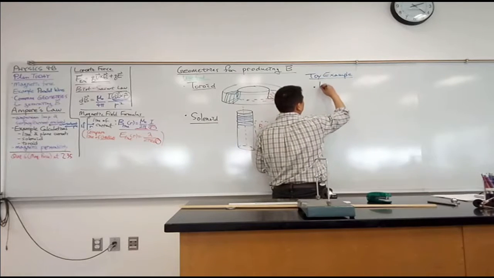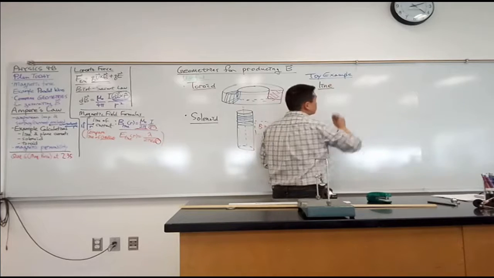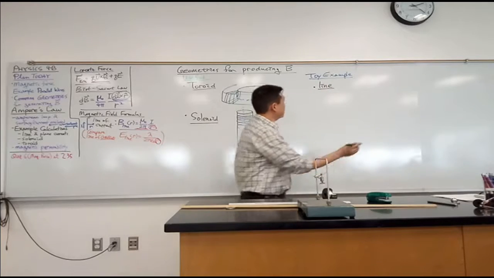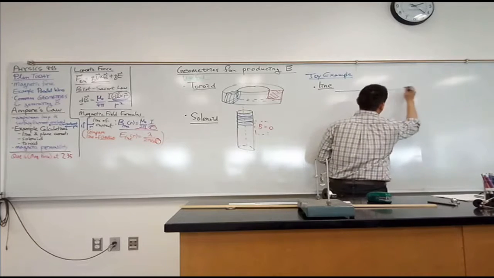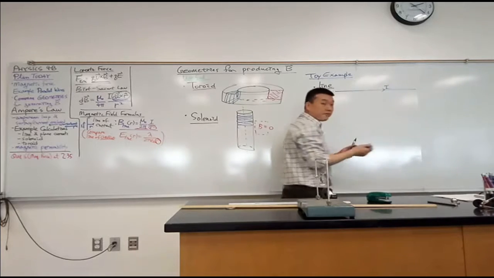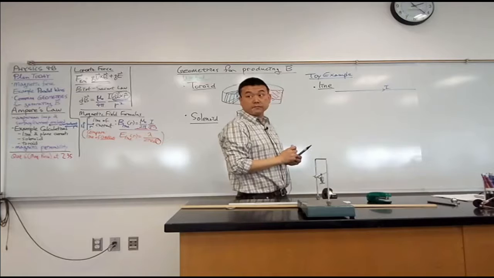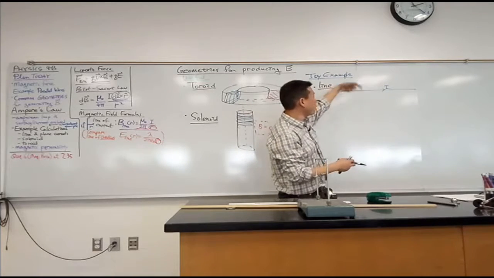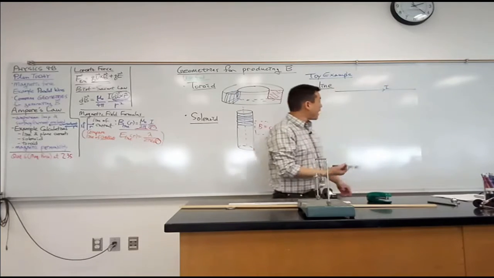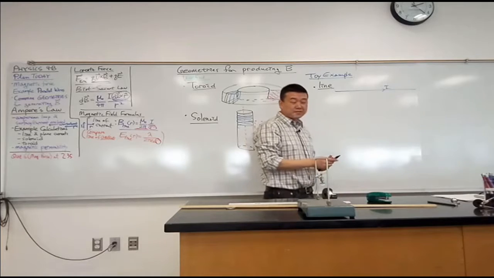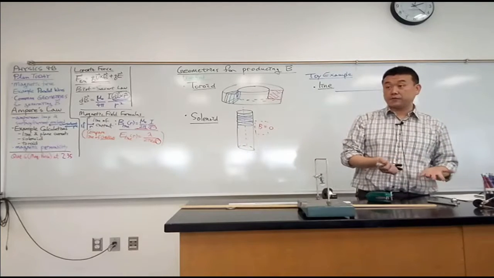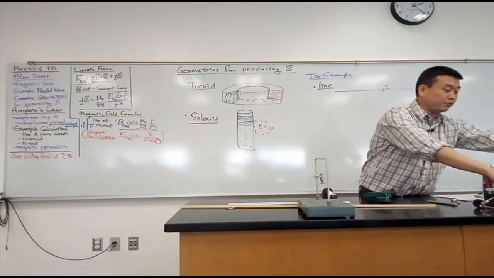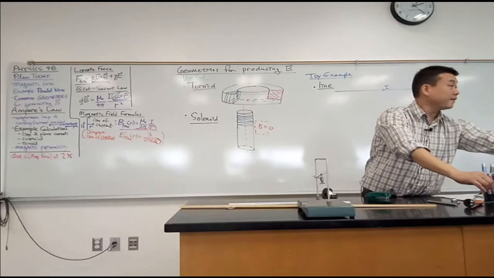So just a long line of current. If you have a current that's flowing in a long line, then that would generate a magnetic field, right? It would generate a magnetic field going around this way. I call this a toy example because, if you wanted to actually generate a magnetic field for use somewhere, you do not do that with a single wire.